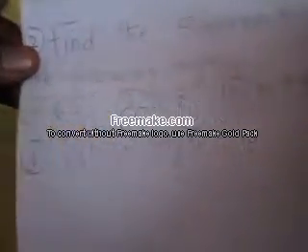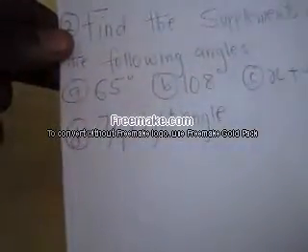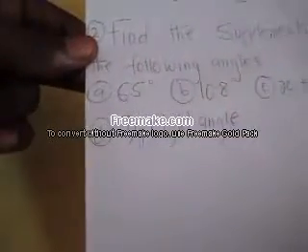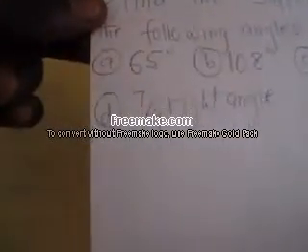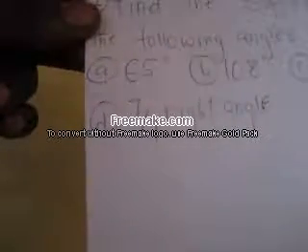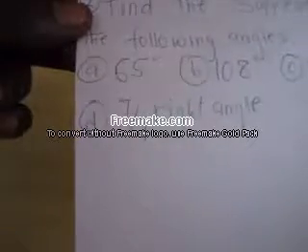Now the second part of the question is also asking us to find the supplement, this time around the supplement of the following angles. And here we have up to 4 angles. The first angle we have here is 65 degrees, and we are asked to find the supplement of 65 degrees. And with supplementary angles, I said earlier on, they are angles that sum up to 180 degrees.